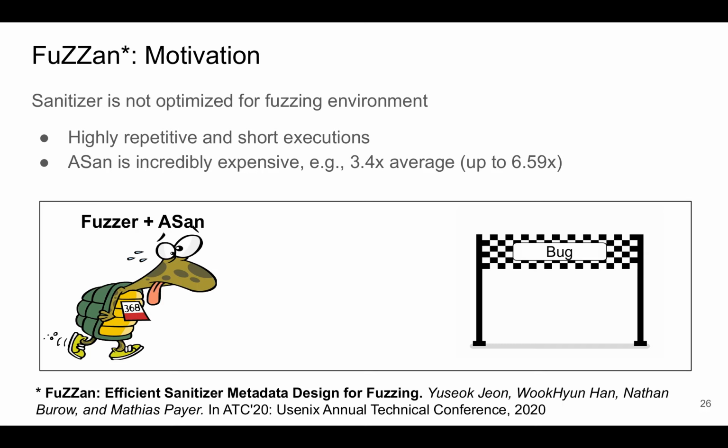These executions are very short, so if you have a lot of initialization overhead, this is going to be extremely costly. So ASAN in fuzzing environments is extremely expensive. It has like 3.4x overhead on average and can have up to 6-7x of overhead, which is very, very high in fuzzing environments.